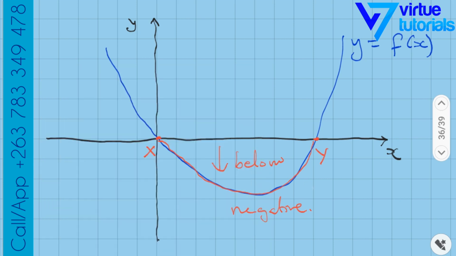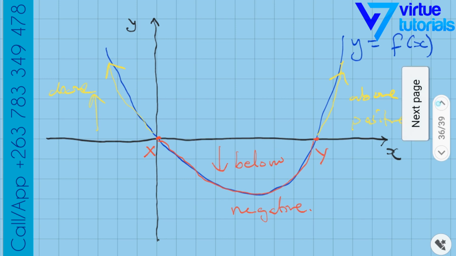But before those points, going that direction, it's above, so it's positive. And after y, it's above, so it's positive. So again, whenever the curve is below the x-axis, the function which it represents has a negative value. Whenever the curve is above the x-axis, the function which it represents has a positive value.